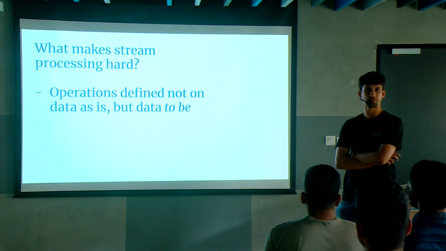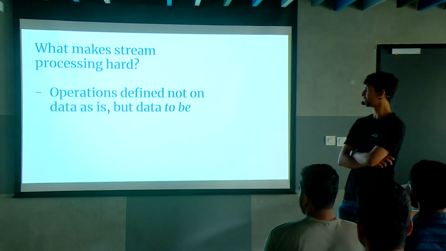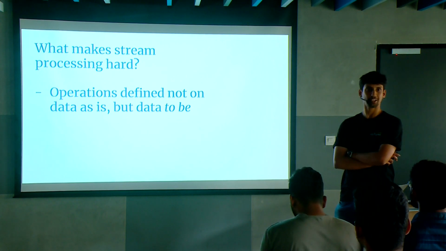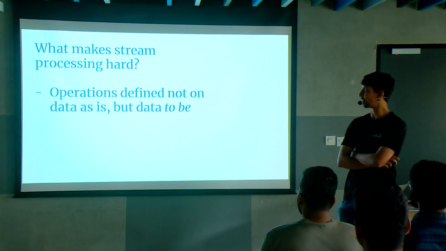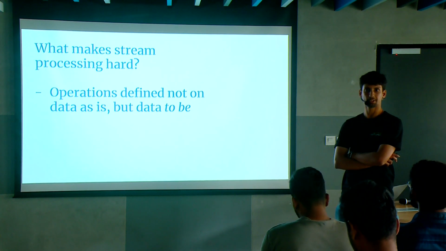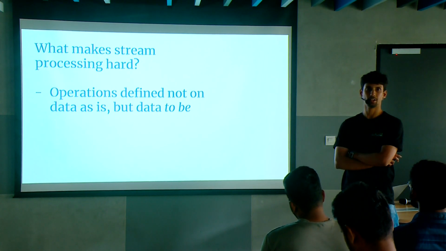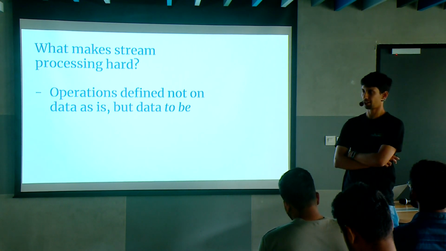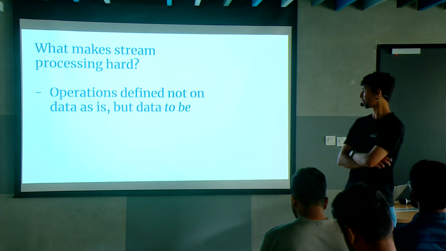And to put that in perspective, it's really two things, right? The so-called real insight into why stream processing is hard is that stream processing operations are actually defined on the future state of data as it arrives, or you're actually defining how data that arrives in the future needs to be processed.